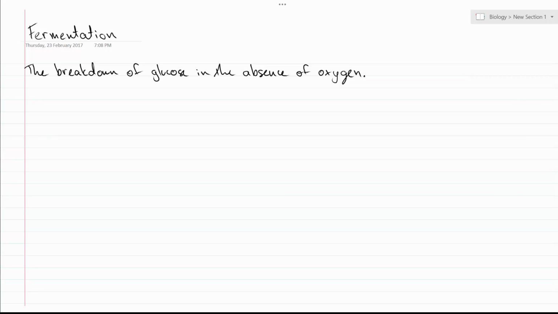So there's two main types of fermentation. And the first one is alcohol fermentation.